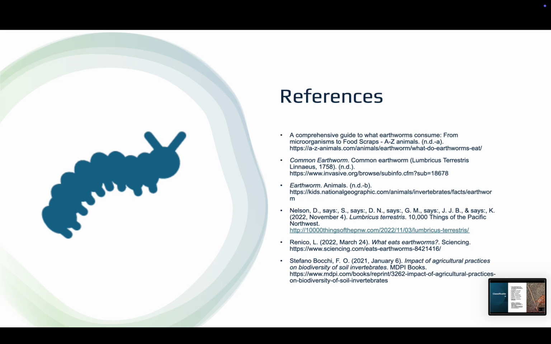That's another one. Nelson D. says. That's another one. And then there's another one. Renico L. That's one of them. What eats worms? Impact of agricultural practices on the biodiversity of soil fauna.